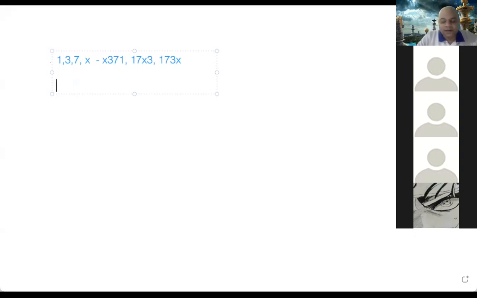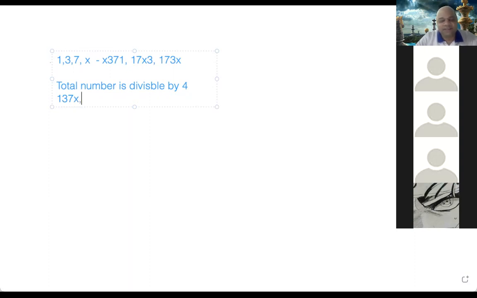But we are told that the total number is divisible by 4. So when the total number is divisible by 4, you have to check the last 2 digits. First of all, the last digit cannot be 1, 7, or 3 because it would be an odd number. So you know that the last digit will always be X. Now there are 6 possibilities.